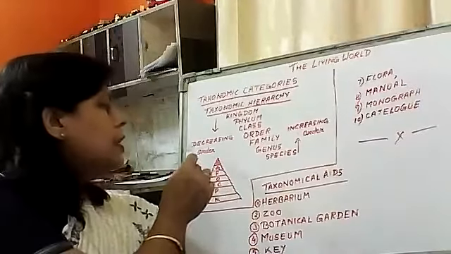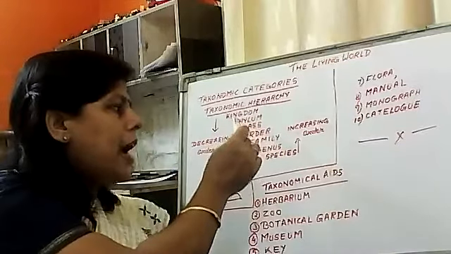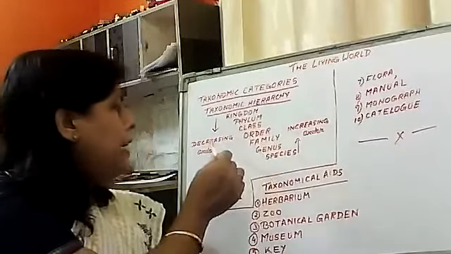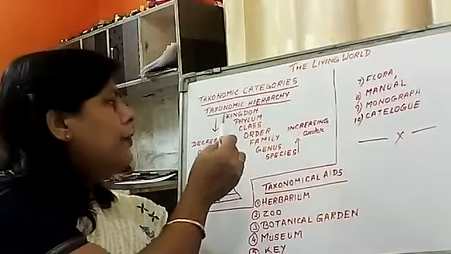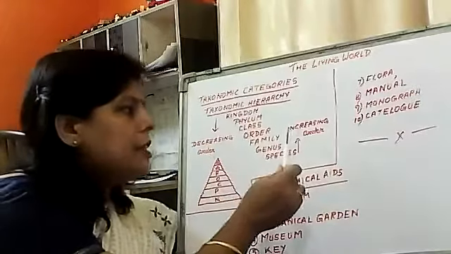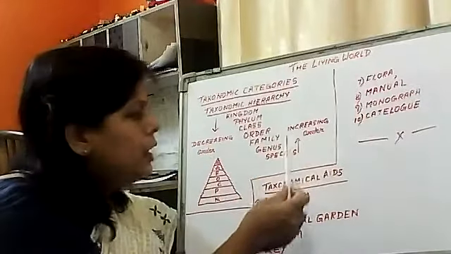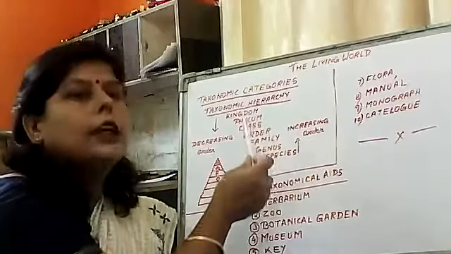The taxonomic hierarchy means the systematic arrangement of these groups, either in decreasing order, if we start from kingdom to species, or in increasing order, if we start from species and gradually go to the kingdom.